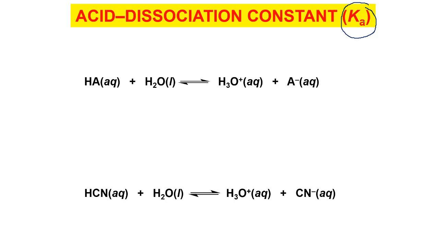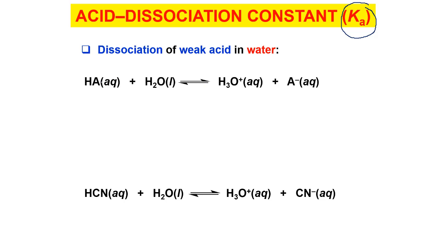Acid dissociation constant. The weak acid dissociates very slightly in water, and the dissociation of a weak acid in water is as follows. Let's say HA is a weak acid. Since a weak acid dissociates very slightly in water, we use a reversible arrow.